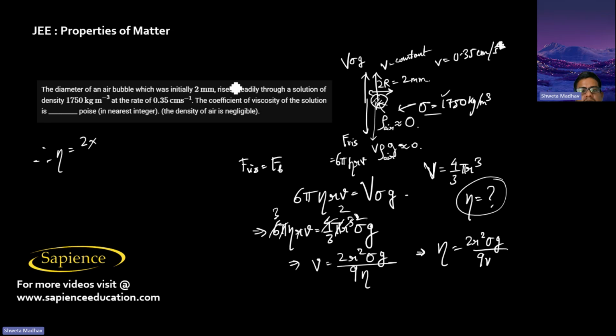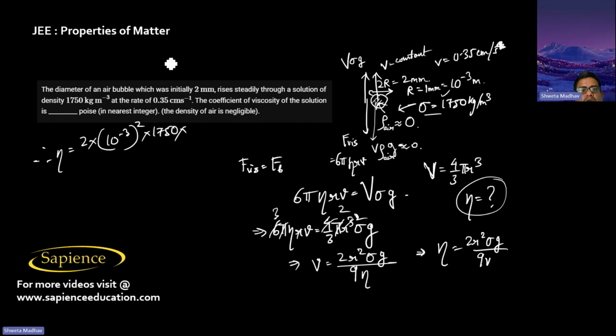Therefore, eta will be 2r square. The diameter is 2 millimeter, so the radius will be 1 millimeter, which is 10 power minus 3 meter. So this will be 10 power minus 3 whole square into sigma, that is 1750, into g. In poise we have to find, it means CGS unit.